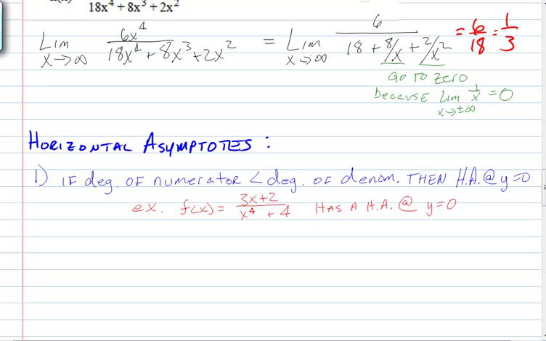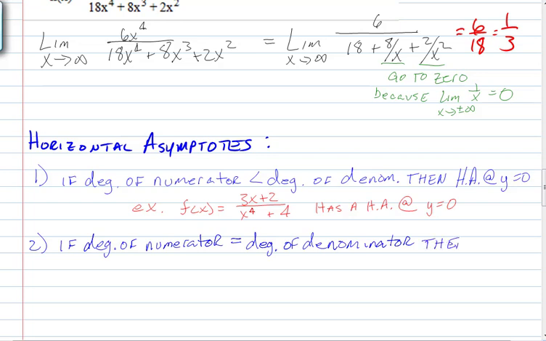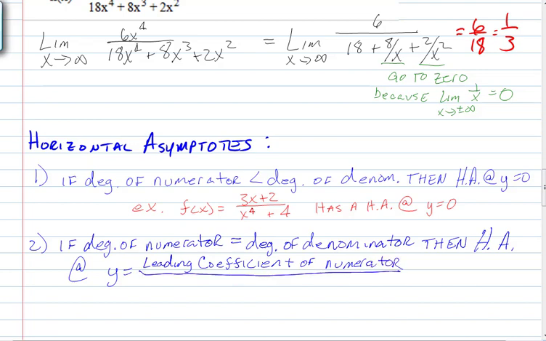Number 2. If the degree of the numerator equals the degree of the denominator, then we have a horizontal asymptote at the line y equals leading coefficient of numerator over leading coefficient of denominator.